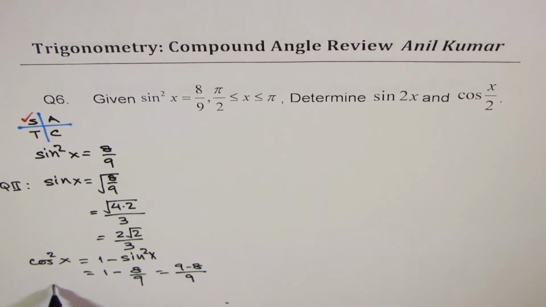So cos square x is 1 over 9. So cos x is 1 over 3, right? Square root of this. Since we are in second quadrant, we are going to take the negative value. Is that clear to you, right? So that is how we should be doing it.